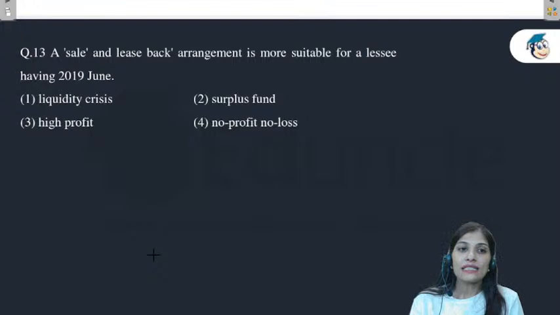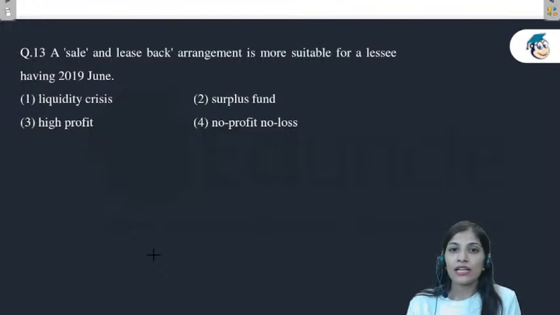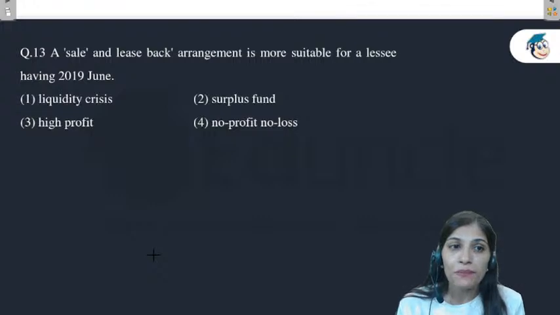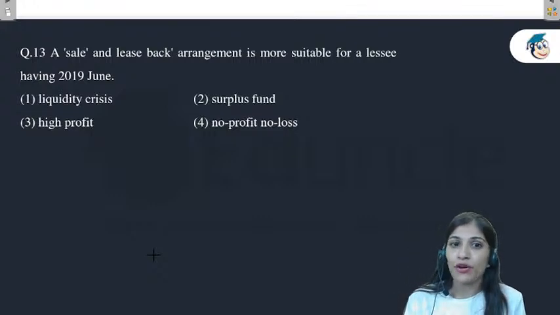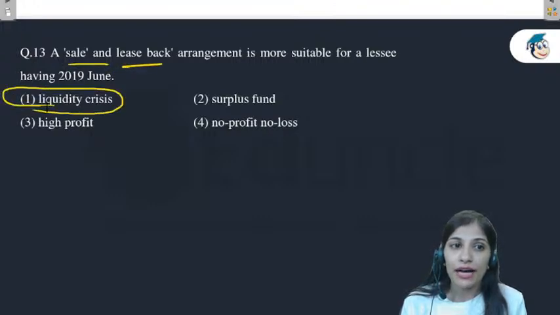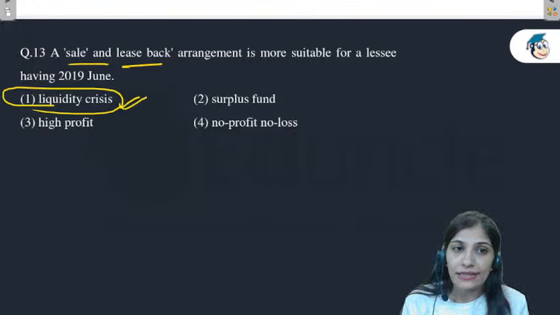Next. A sale and lease back arrangement is more suitable for a firm having: liquidity crisis, high profit, surplus fund, or no profit no loss. Sale and lease back is the option where we have a liquidity crisis.